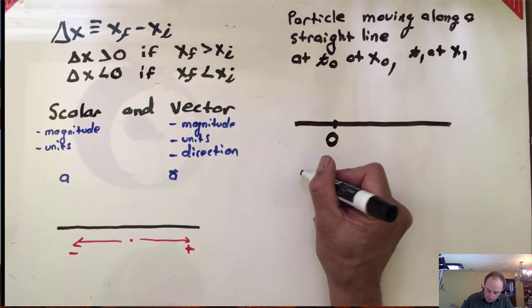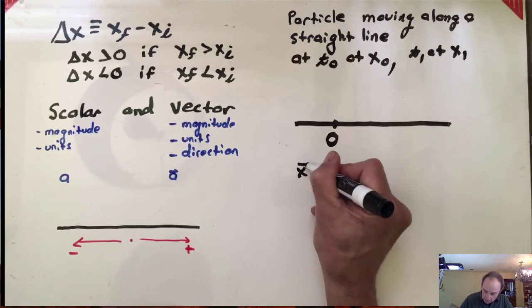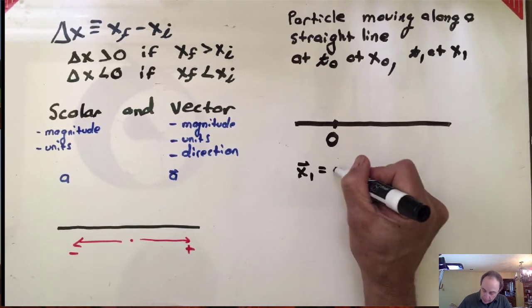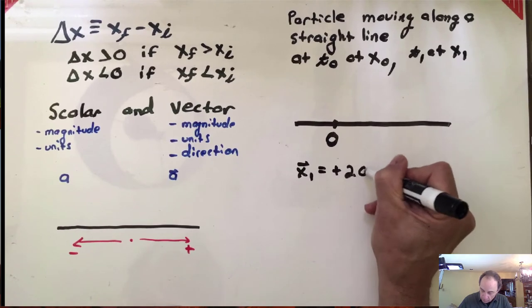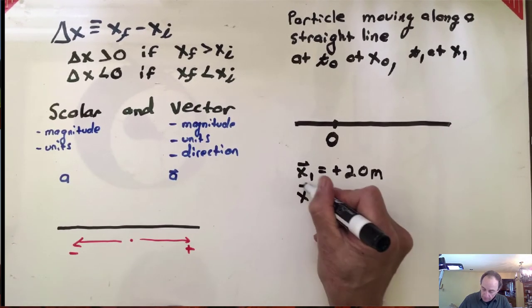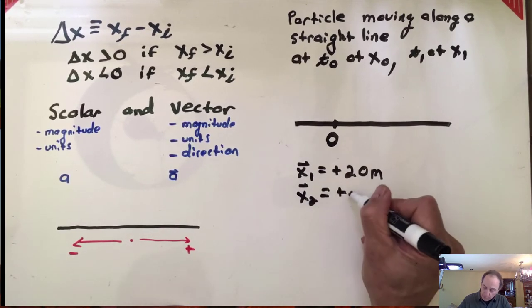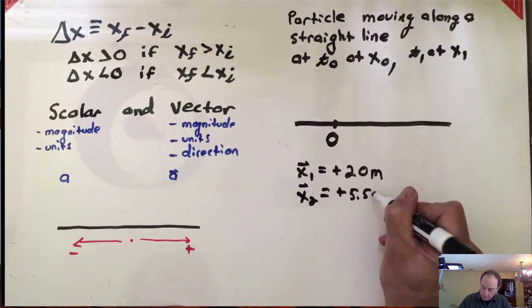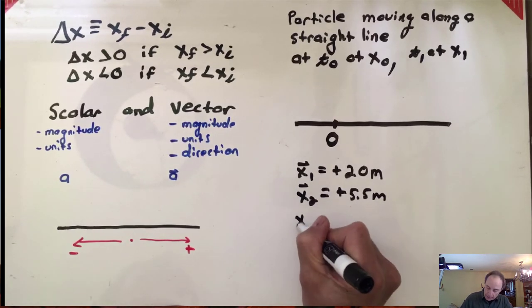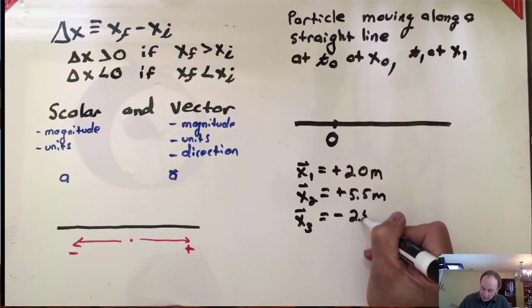So here's 3 that we're going to represent. x1 is a positive 2.0 meters. x2 is a positive 5.5 meters. And x3 is a minus 2.5 meters.